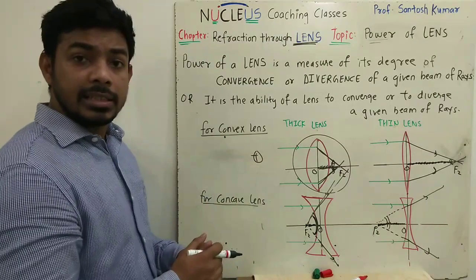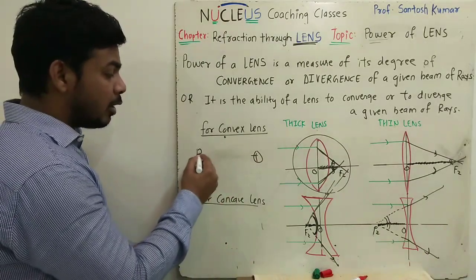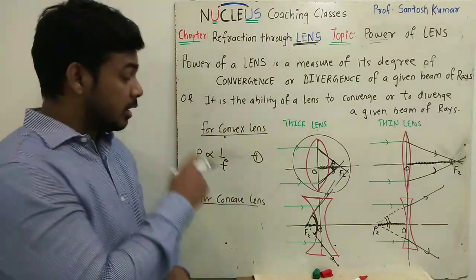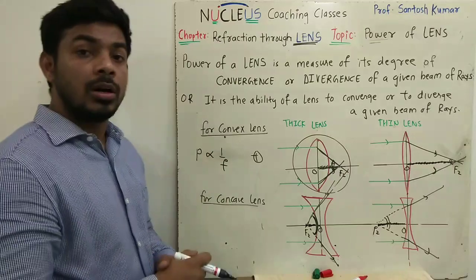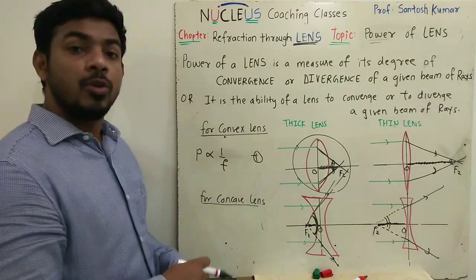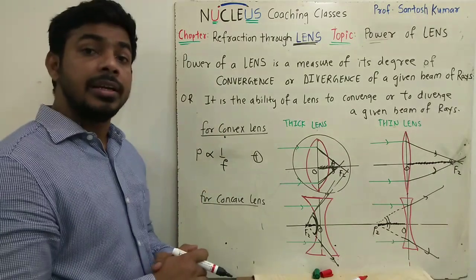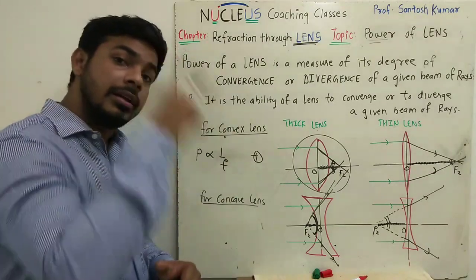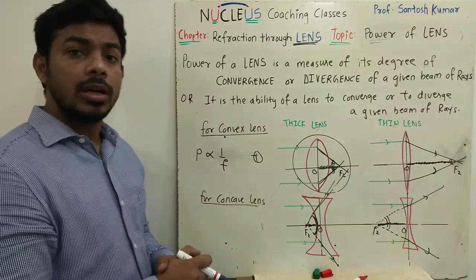So from these examples we can say that the power of a lens is inversely proportional to the focal length. That means the shorter the focal length, the greater will be the degree of convergence or divergence. The greater the focal length, the lesser will be the degree of convergence or divergence.